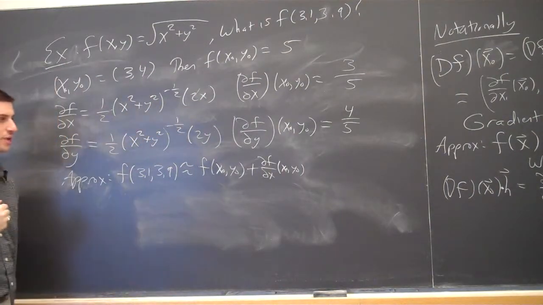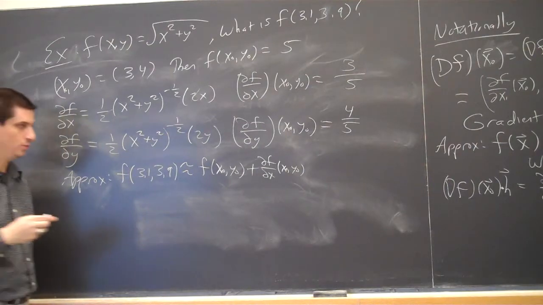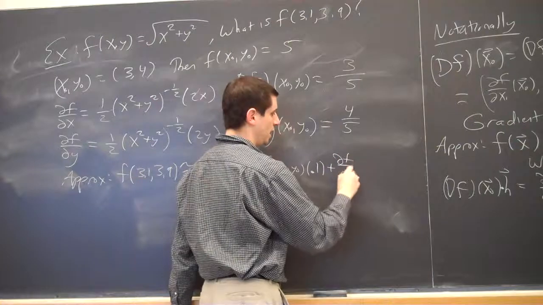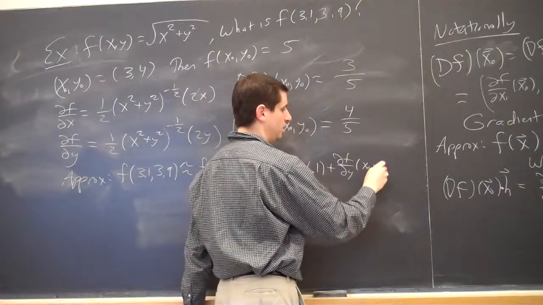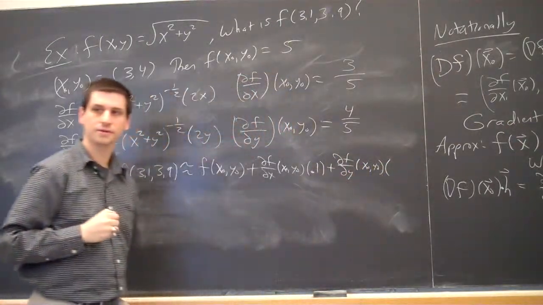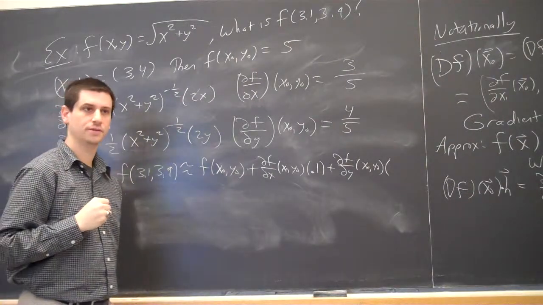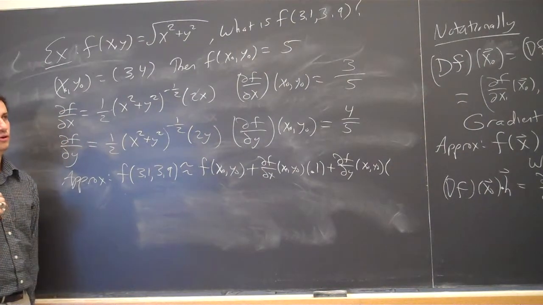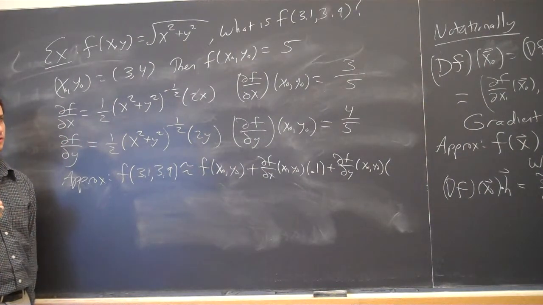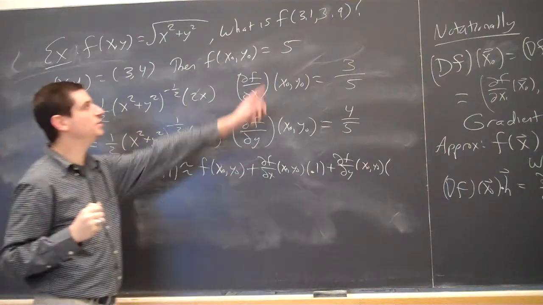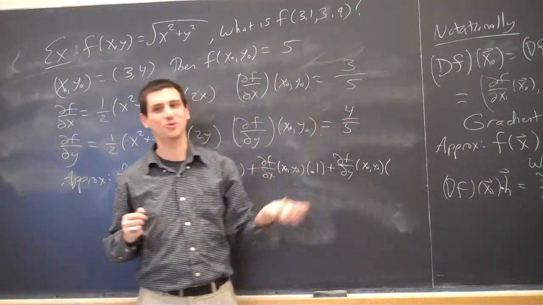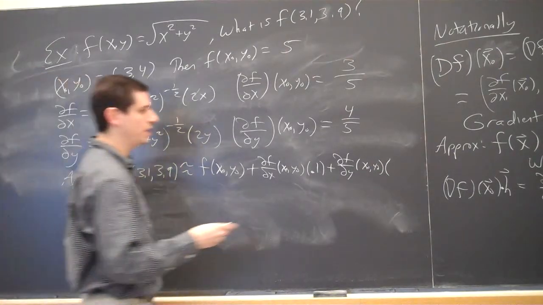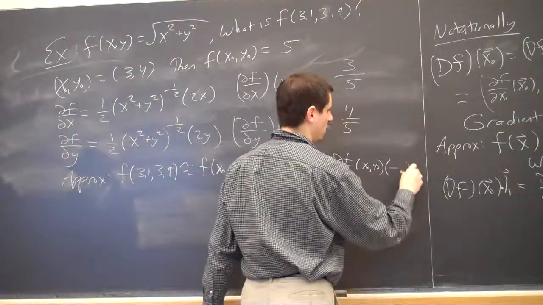How much is x changed by? 0.1, plus df dy at x naught, y naught times how much y is changed by. Not 0.1, close, but not 0.1. Negative 0.1. I accidentally chose 4.9, but I wanted to choose 3.9 to have y moving backwards. So y has gone down by negative 0.1.